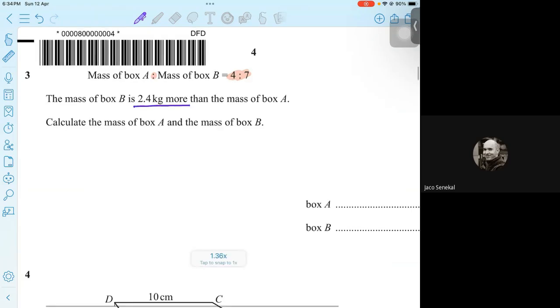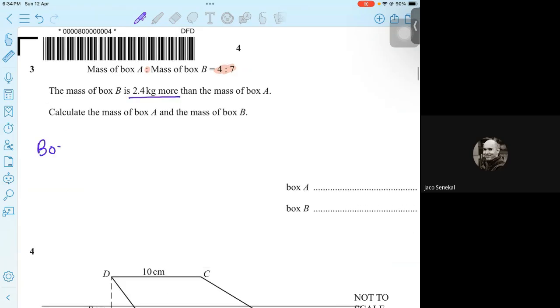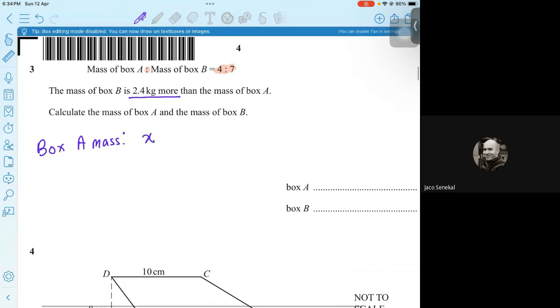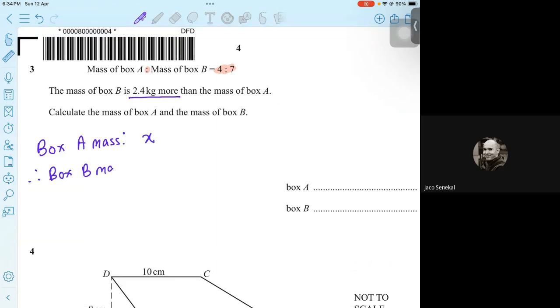So if we represent box A mass as X kg, then box B mass should be X plus 2.4 kg. Do you all get this?